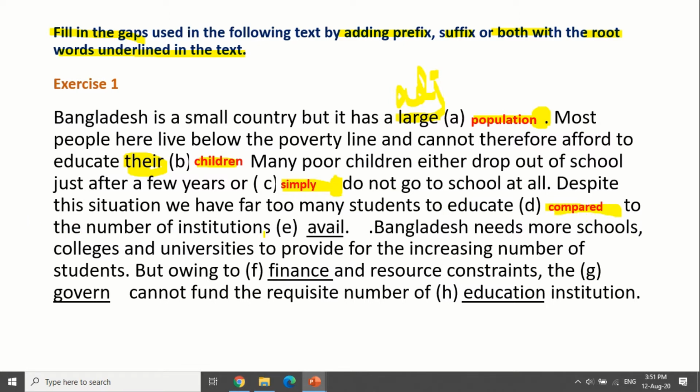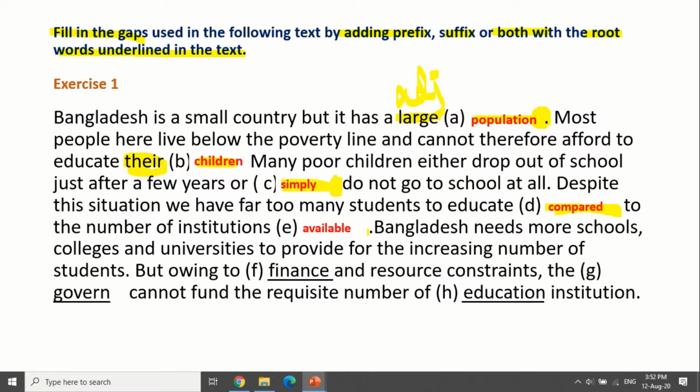The number of institutions avail. Avail is a verb, but in this situation we need an adjective, so the word will become available, right? So the correct sentence will be, despite this situation we have far too many students to educate compared to the number of institutions available, right?